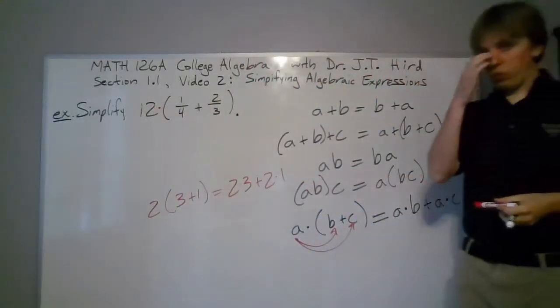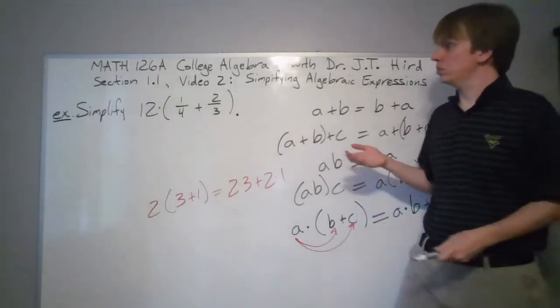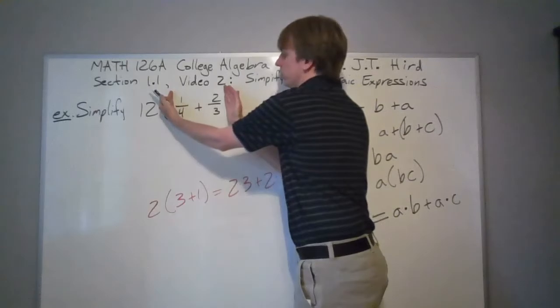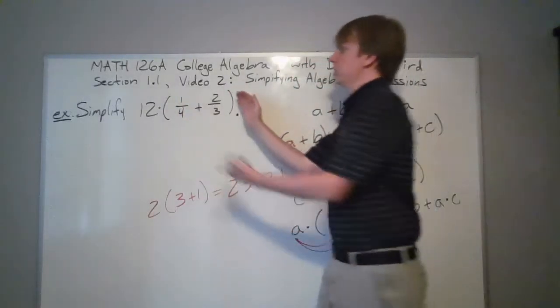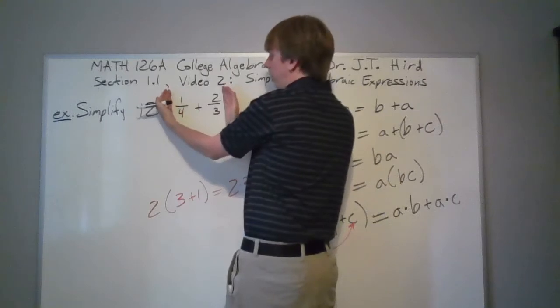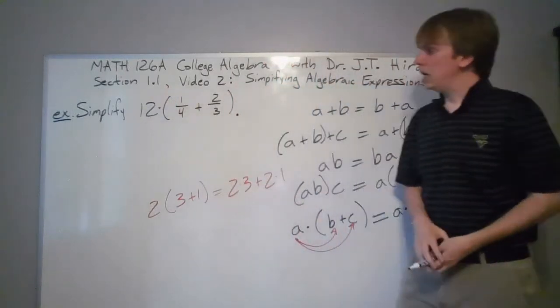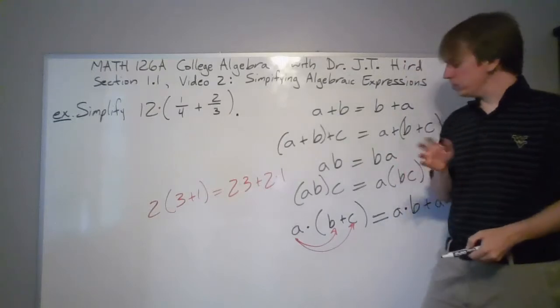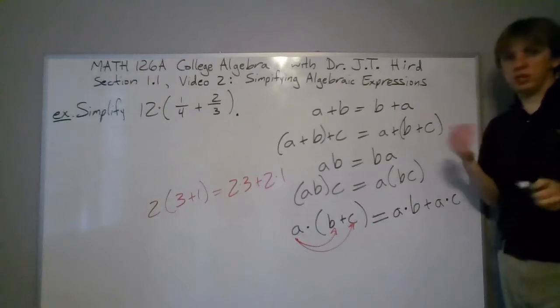As we talked about before, order of operations says you're supposed to do the things inside the parentheses first, which means 1/4 plus 2/3. And so if I wanted to do that, I could use a calculator and say what is 1 divided by 4, what is 2 divided by 3, and then add their totals. But that's not the way I'm going to do it. I'm actually going to try and use the distributive rule just to see if that makes my life easier.